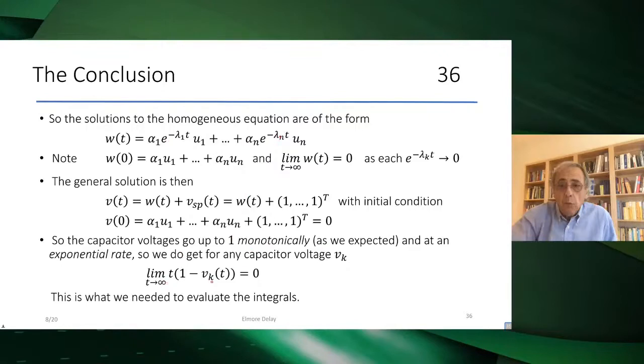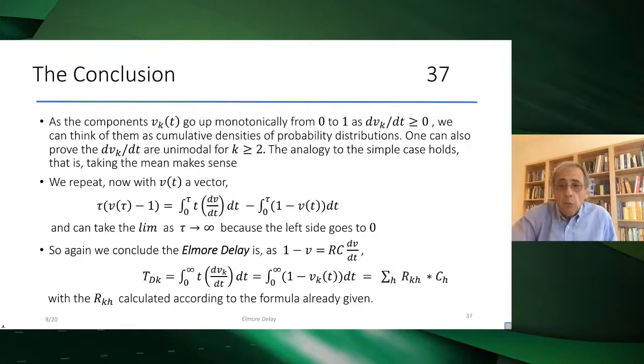So this limit, 1 minus V, goes to 0. This is all that we needed to repeat the argument, evaluating the integrals. So let's see what we did. We saw that the components V go monotonically from 0 to 1, but derivatives are positive, so we can think of the voltages as the cumulative density of the probability.